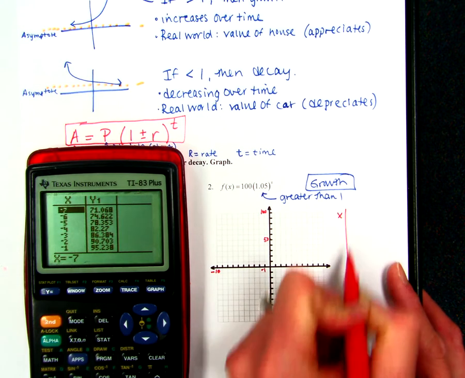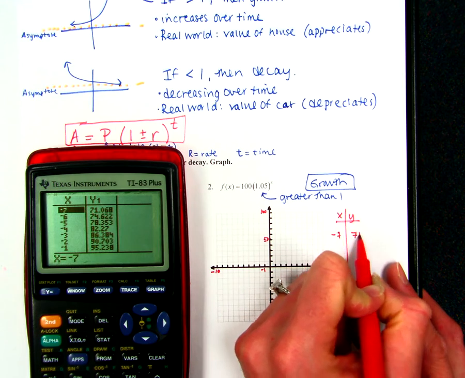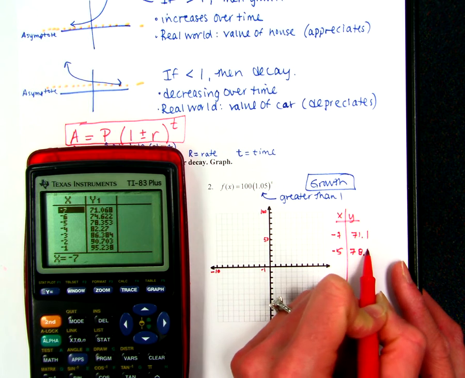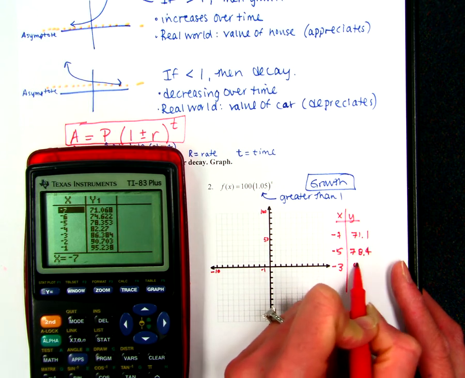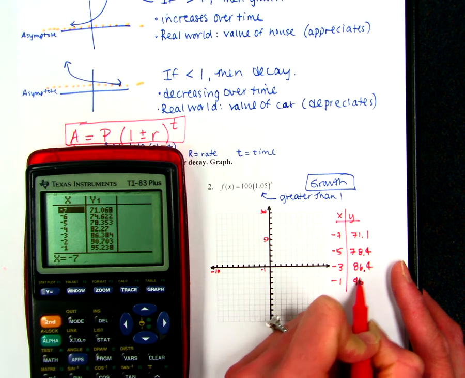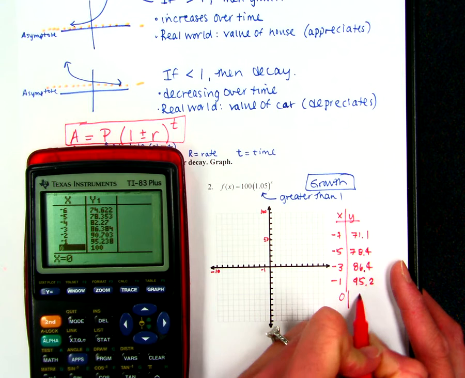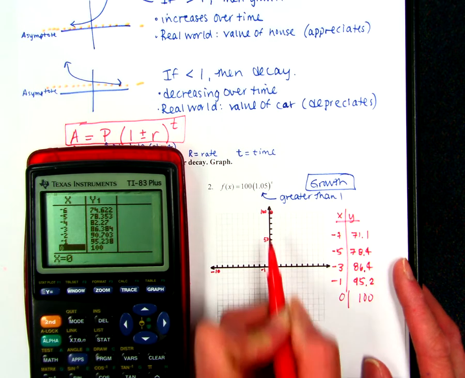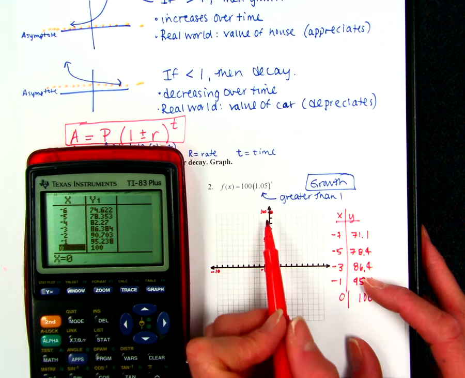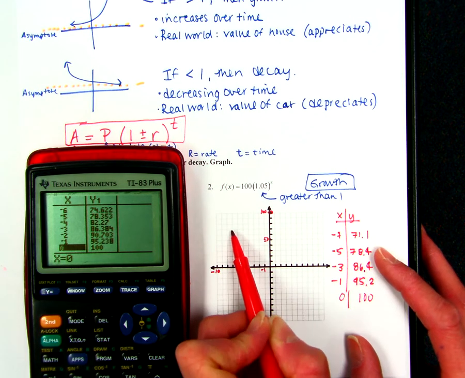If I make a table of values, I've got -7, 71.1; -5, 78.4; -3, 86.4; -1, 95.2; and 0, 100. This one doesn't have as steep of a change as problem number 1, but you can still see where it's going.